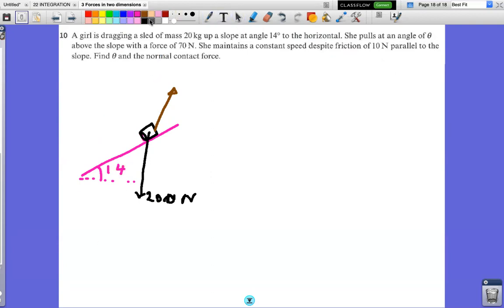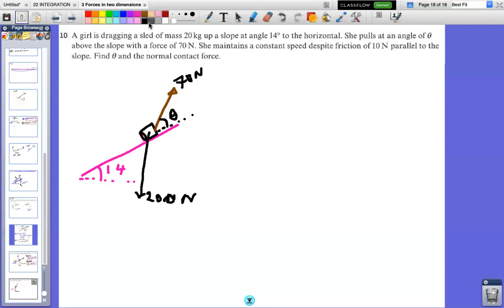And she is dragging at some angle theta above the slope, and she's pulling with a force of 70 newtons. We are asked to find theta and the normal contact force.